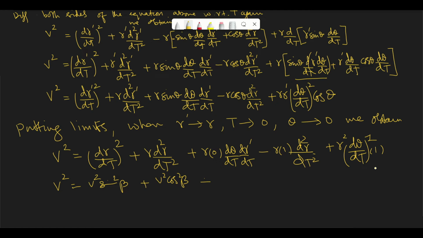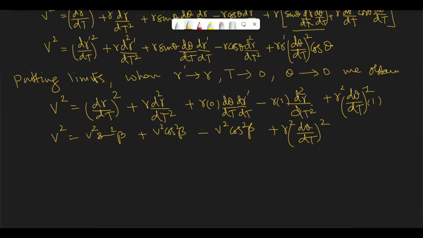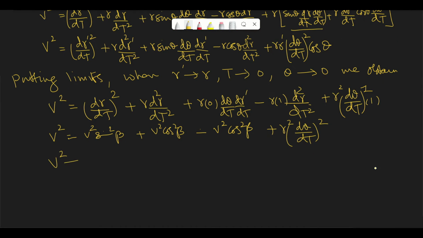So this is going to be this minus r d²r/dt², which is going to be the same as v² cos² β plus r² (dθ/dt)².